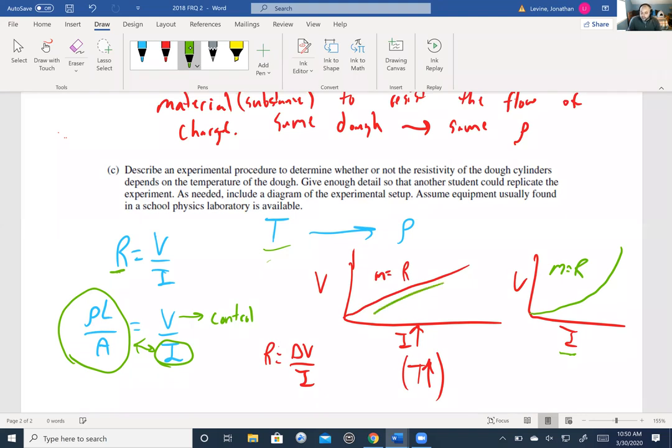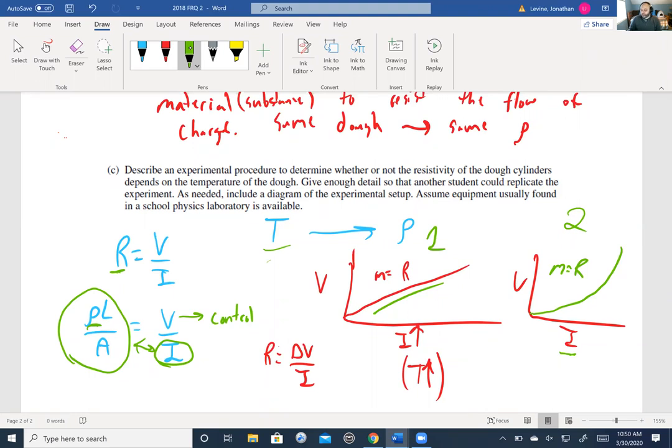If it's linear like option one, then that would say that temperature does not have an effect on the resistivity because the resistance varied directly with the current and voltage that was being drawn across it. Whereas if it doesn't vary directly, option two, then that means that temperature does indeed change the resistivity of this dough, because our resistance is being changed as the temperature increases.